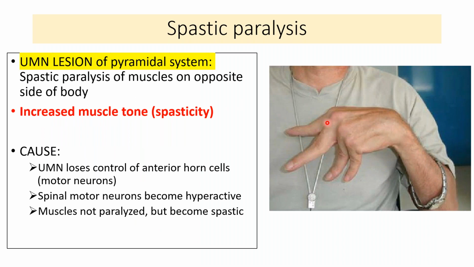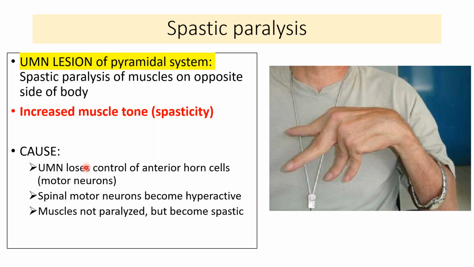Now, this picture is showing spastic paralysis, characteristic of upper motor neuron lesion of the pyramidal system. So what is happening? There is spastic paralysis of muscles on the opposite side of the body, in which the muscle tone has been increased. The cause is that the upper motor neurons, basically the corticospinal neurons, were descending onto the anterior horn cells, and that control over the anterior horn cells has been lost.